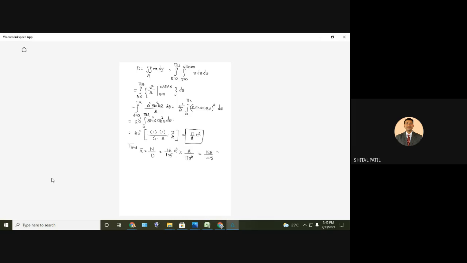A by pi. Yes, this is the answer. 128 a divided by 105 pi. झालं. Yes.